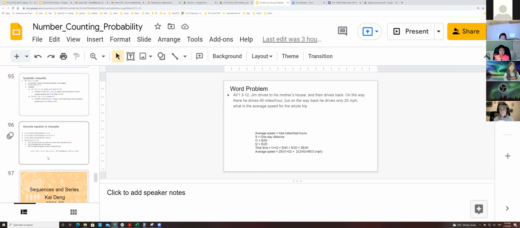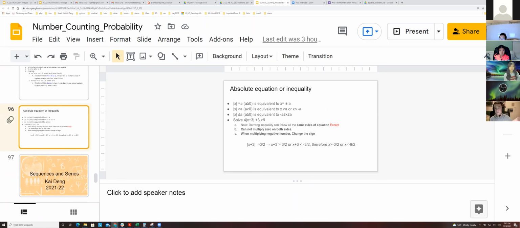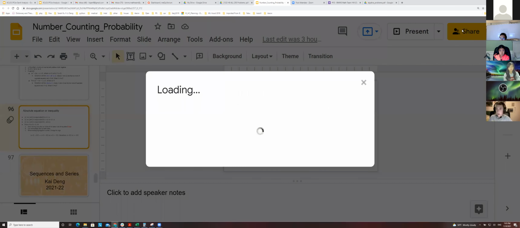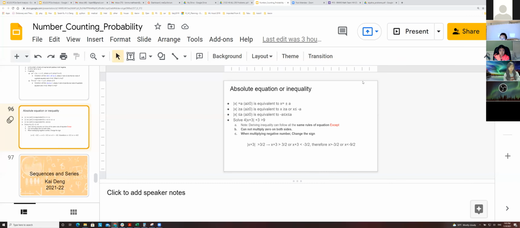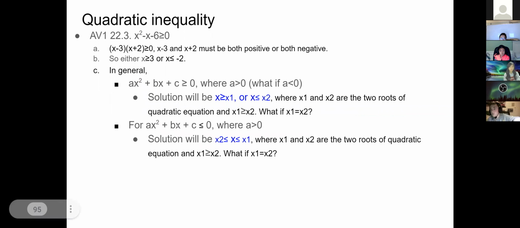As I said, this is really the time to revisit. Sorry, not share, present. I'm sharing this. This looks familiar at least, and even the example, we're using the same one.